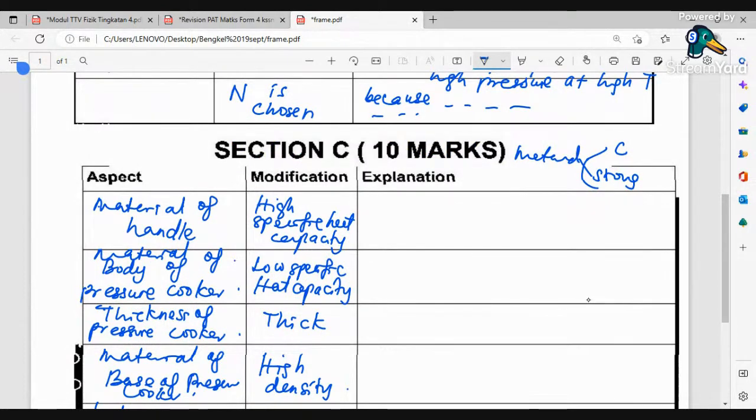Okay, material of handle, high specific heat capacity.